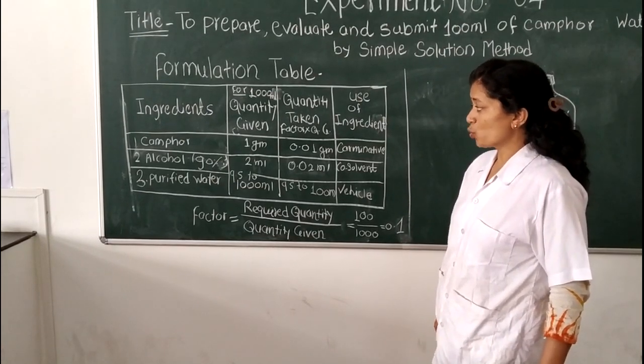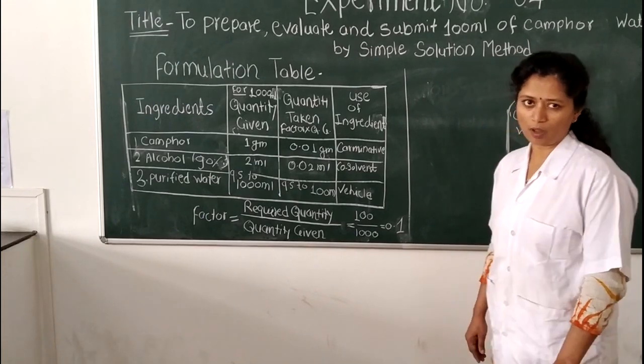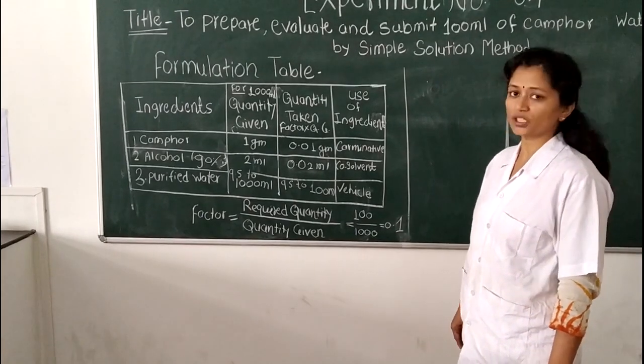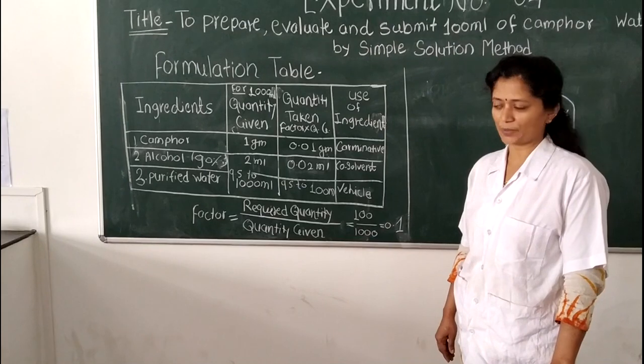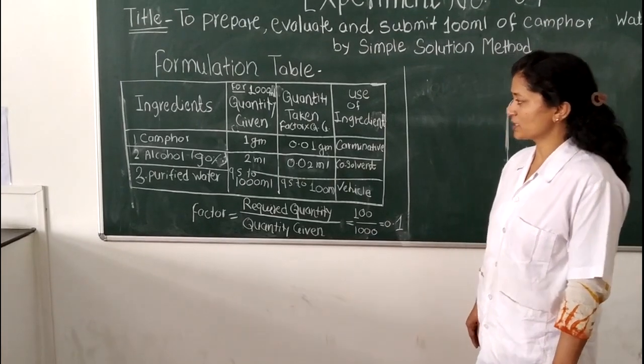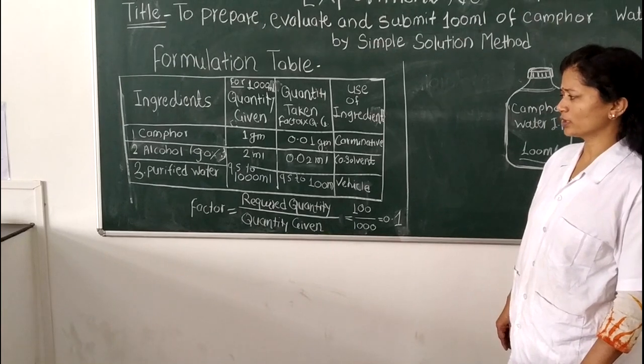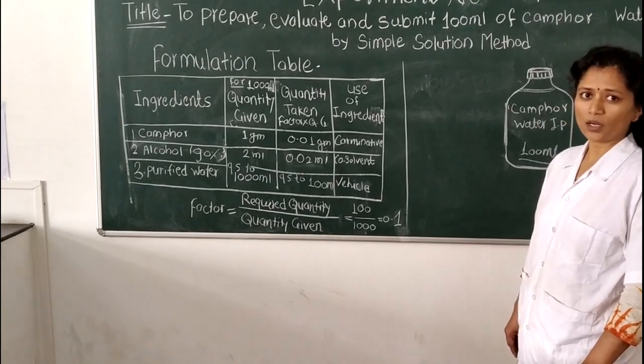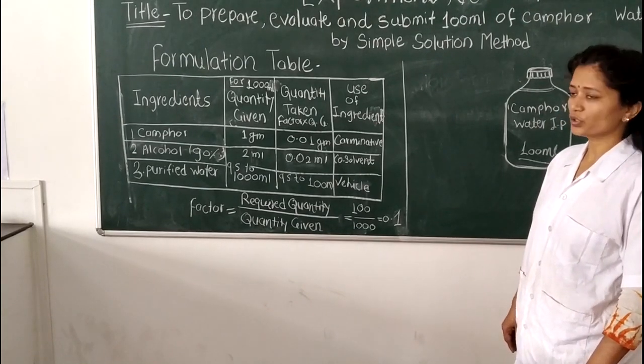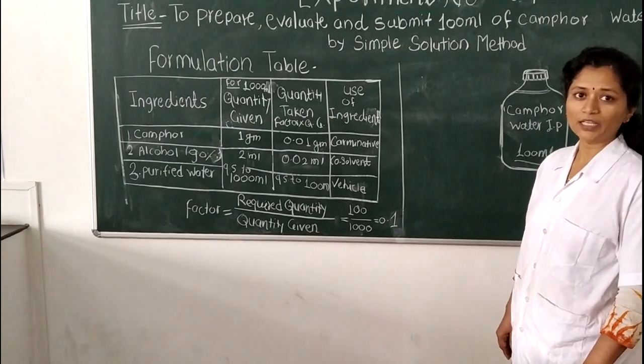Camphor is 1 gram for 1000 ml of the preparation, the quantity which is mentioned in the Indian Pharmacopoeia. Then alcohol 90%, we require 2 ml. Then purified water, that is QS to 1000 ml. That quantity is already mentioned in the Indian Pharmacopoeia.